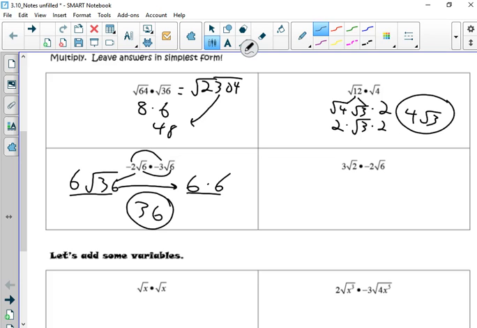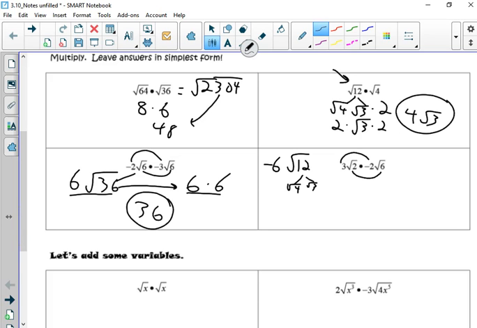Okay. Outside times outside. Again, you can't simplify 2 or 6 underneath the radical. That's a negative 6. Inside times inside is radical 12. Do not stop there. Always ask yourself, can we break down 12? Yeah, we can. So now the 12 is going to break down to radical 4 and radical 3.